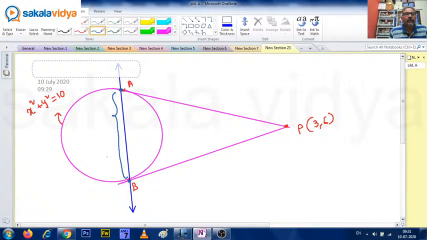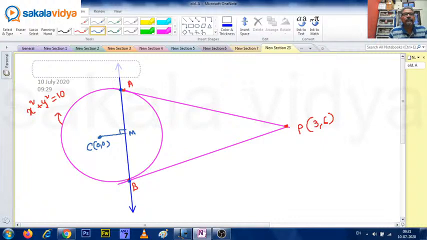First of all, find the center of the circle. The center of the circle is the origin. Draw the perpendicular here, say CM.